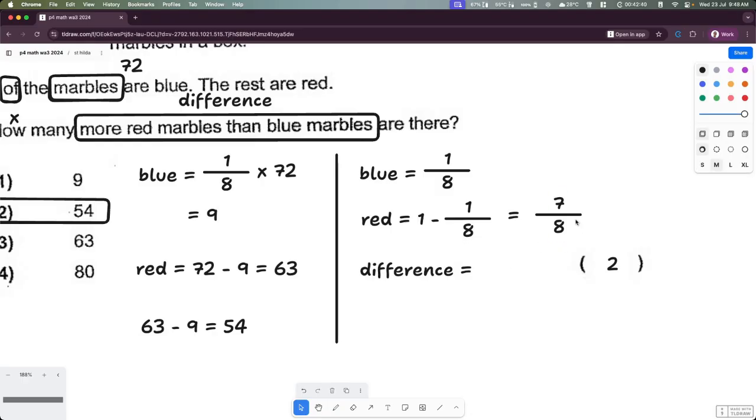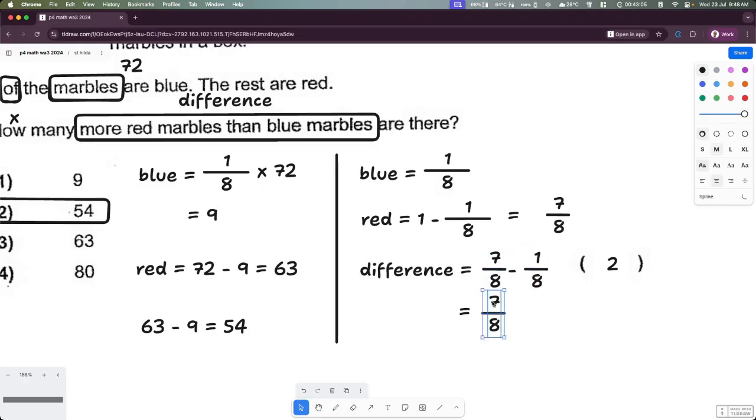Here the difference is 7 over 8 minus 1 over 8. Let me make the line a little bit smaller so I can use less space. And what will this give us? This will give us 6 out of 8.